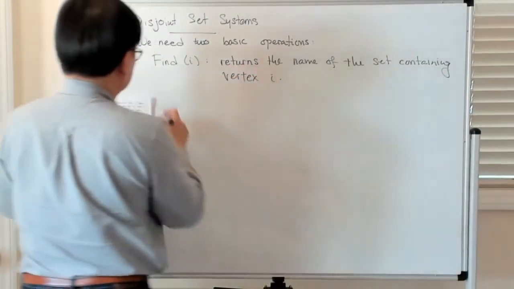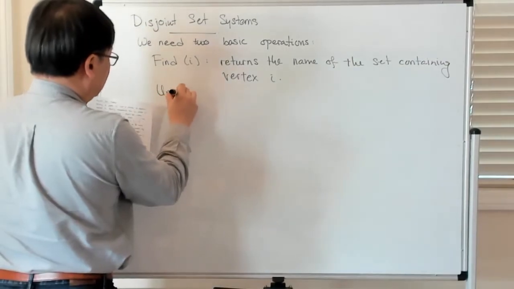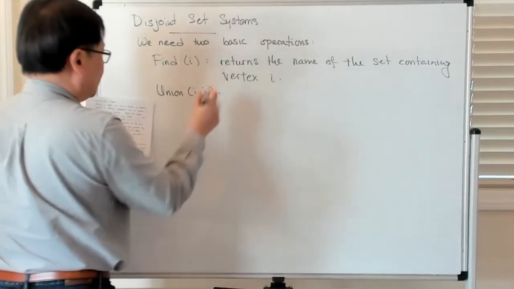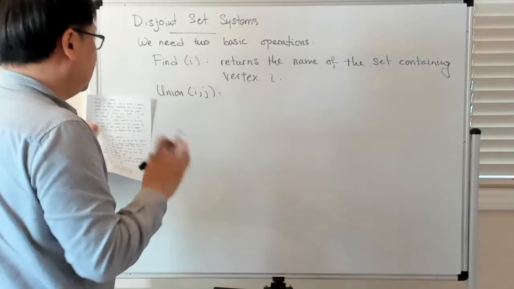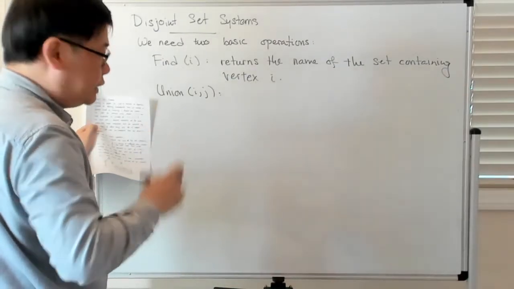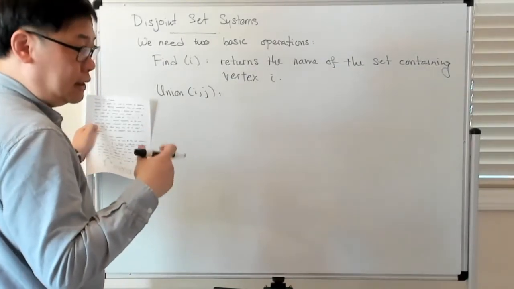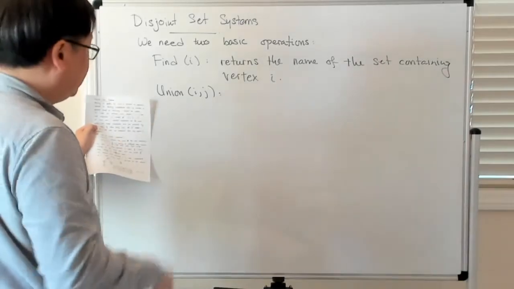Okay, and then there's union of I and j, and of course what you expect is that this will combine the component which I is in and the component which j is in.